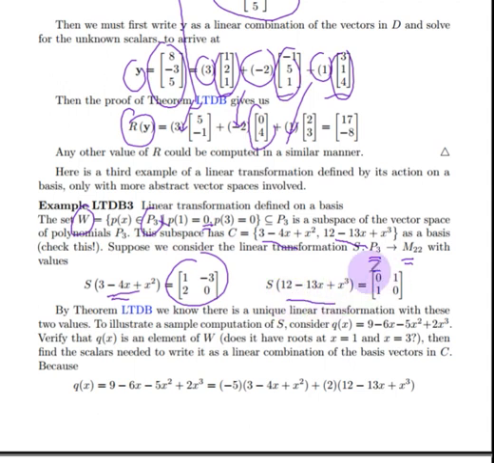The linear transformation on this basis vector is this matrix. Now, as we said before, to get the linear transformation applied to an arbitrary polynomial in P3, we just need to express that polynomial as a linear combination of these two basis vectors, and boom, we're done, because we know what that linear transformation does to the first basis vector and what it does to the second basis vector.